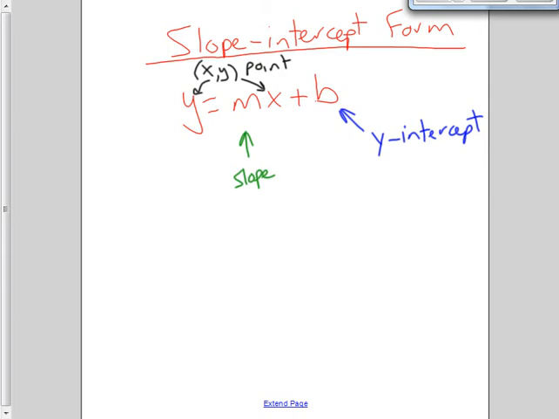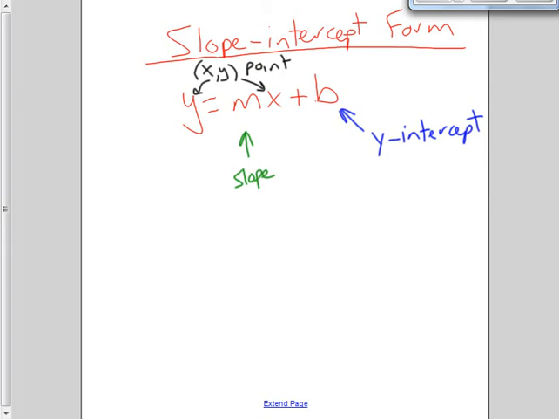The b portion of y equals mx plus b is the y-intercept. That's the starting point. So if we think of this in like a story problem, and we'll do more problems with these later, the y-intercept would be where we're starting. So if we start at the top of a cliff, or at time 0 on the ground, wherever that starting point is.